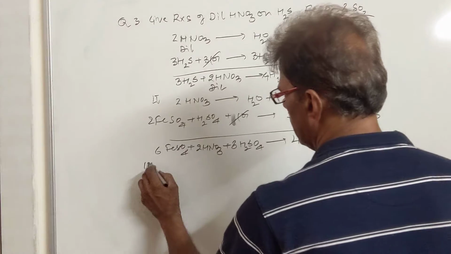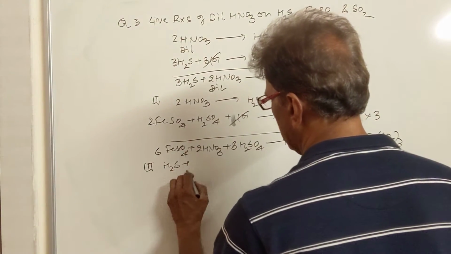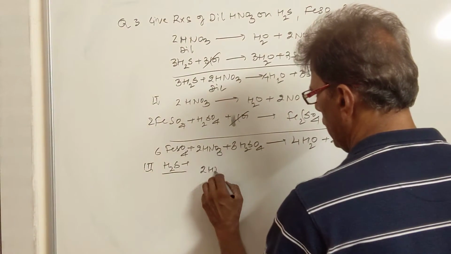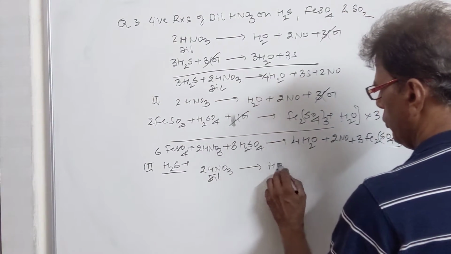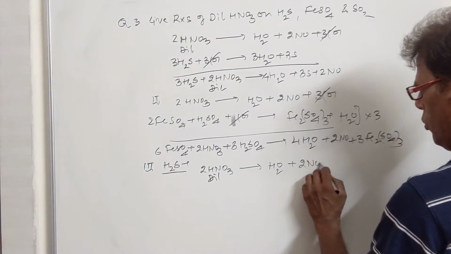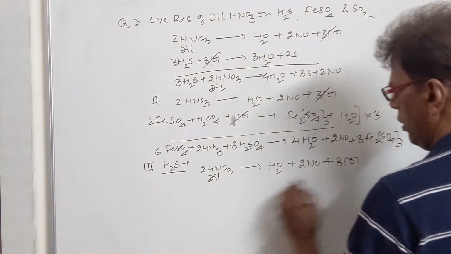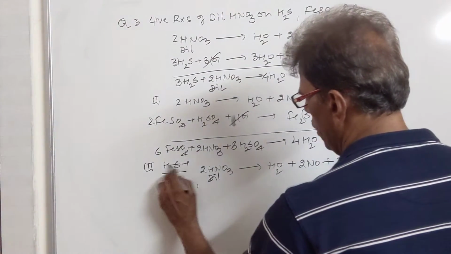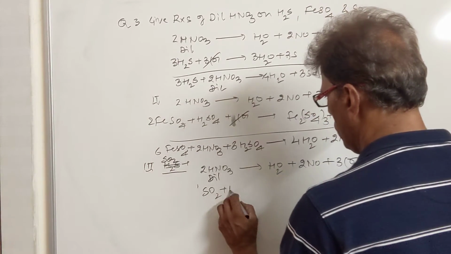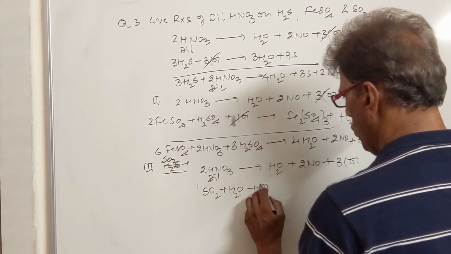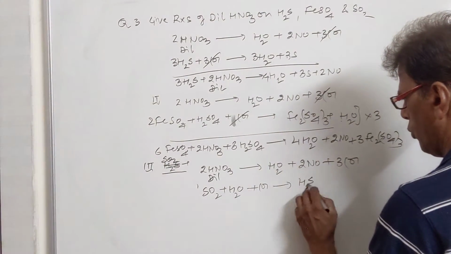Then we have third reaction, action on H2S. First of all, same reaction is written. 2HNO3 dilute breaks out to give you H2O plus 2NO plus 3 nascent oxygen. This nascent oxygen will now attack on SO2. So SO2 combines with water and one nascent oxygen to give you H2SO4.